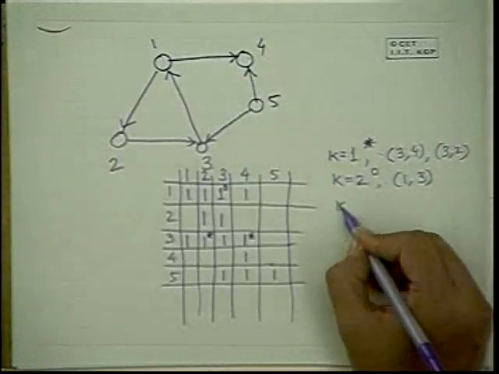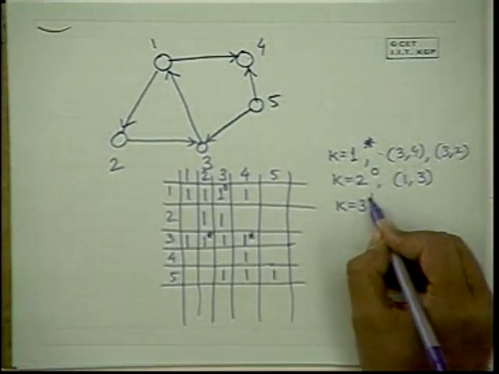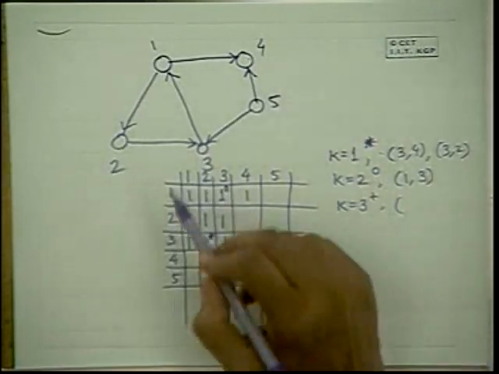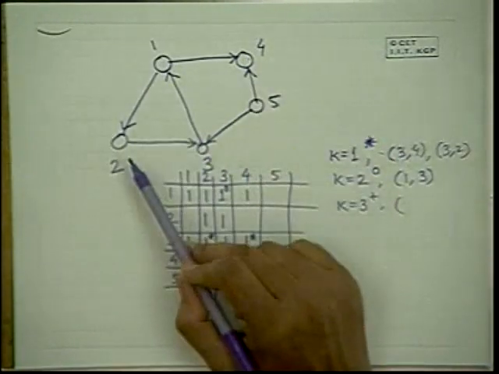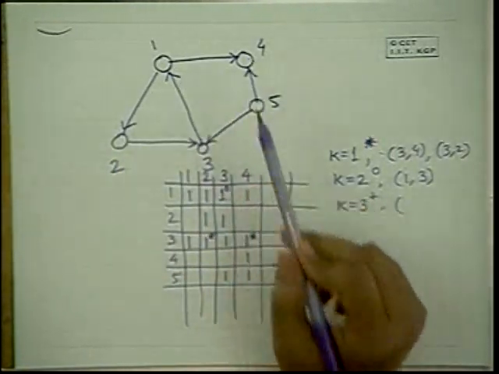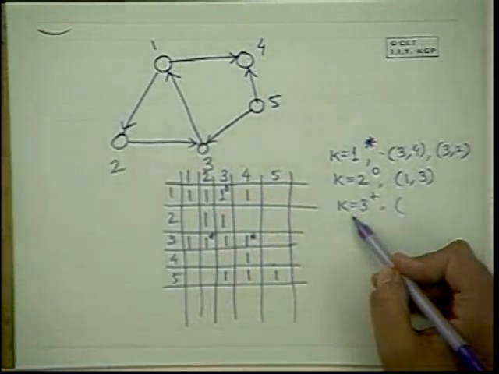Then comes k equal to 3, I am denoting it with a plus. For k equal to 3, there will be many. First look at 2 to 4. For 2 to 4, there is a path 2, 3, 1, 4, and this is allowed because k is equal to 3 now.